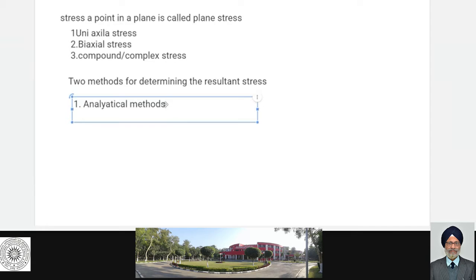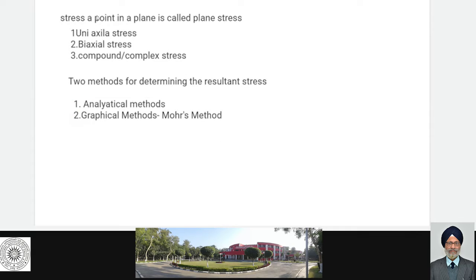And second is the graphical method. This graphical method is also known as Mohr's method.